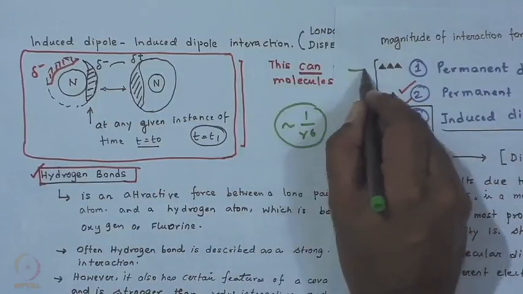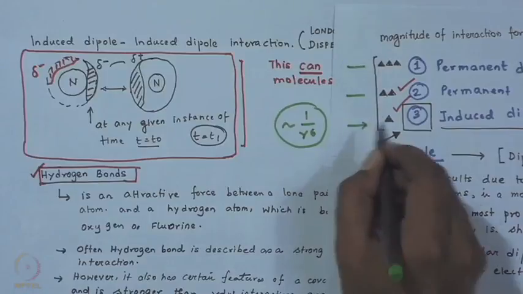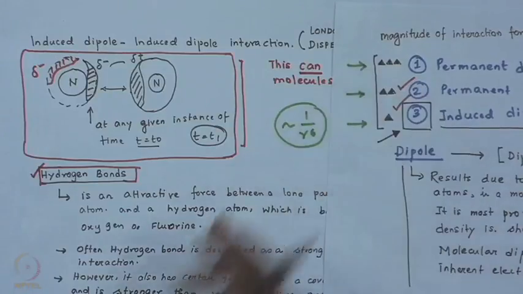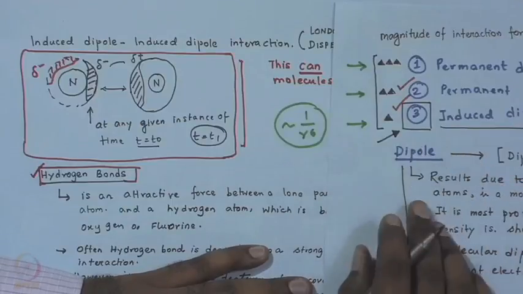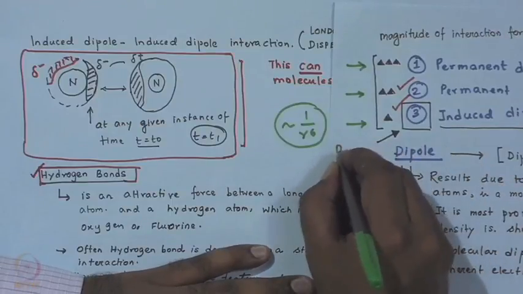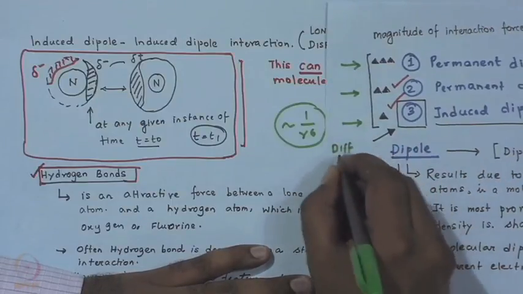The scaling with separation distance remains as 1 by r to the power 6, but depending on the precise nature, you can have different numerical prefactors which take care of the strength of each of these forces.